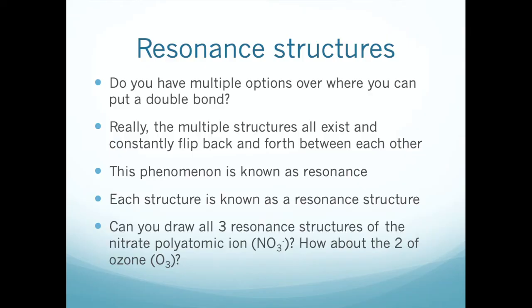So for example, with carbon dioxide, I started off by adjusting the carbon with the oxygen on the left, but I could have easily chosen to start with the one on the right. Okay. In real life, it's not like one double bond forms on one side and another forms on the other side, or anything like that.